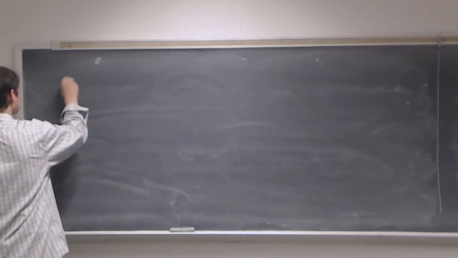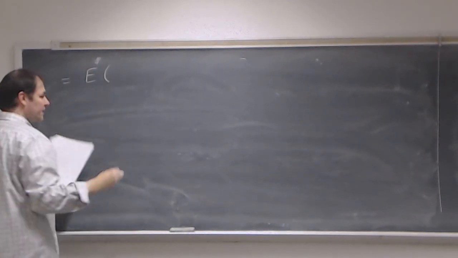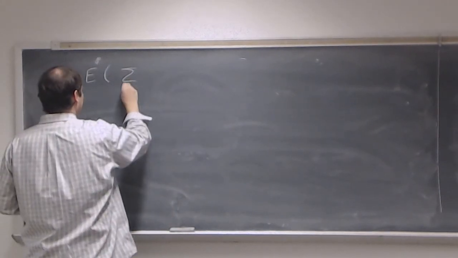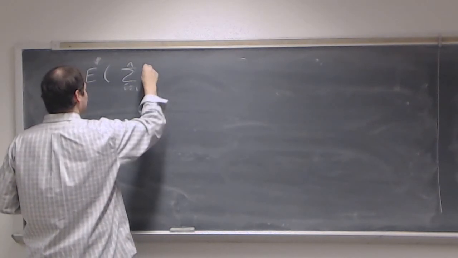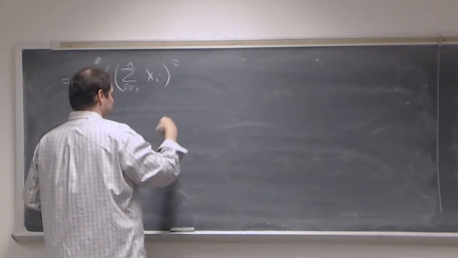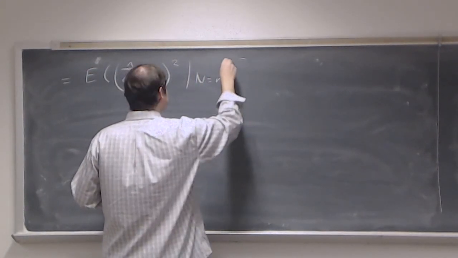So this is equal to, we'll make one small adjustment. Here we know that big N is equal to little n. So it's the expected value of the sum as i runs from 1 to little n, because big N is equal to little n, of X sub i's, that part to be squared, given N is equal to little n.